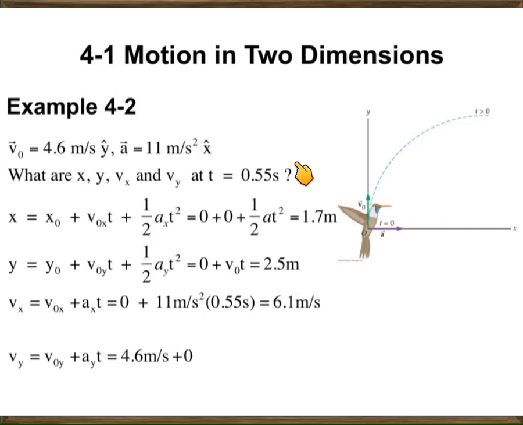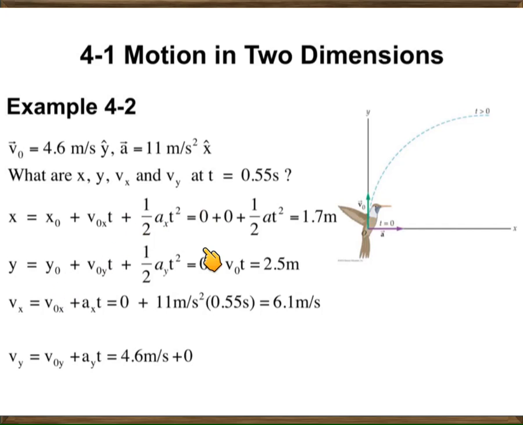What you do is just use the kinematics equations in x and y, and put t equal to 0.55 in here. So x0 is not given. That means the motion starts at the origin, so that is implicit information. You can take x0 and y0 as equal to 0.